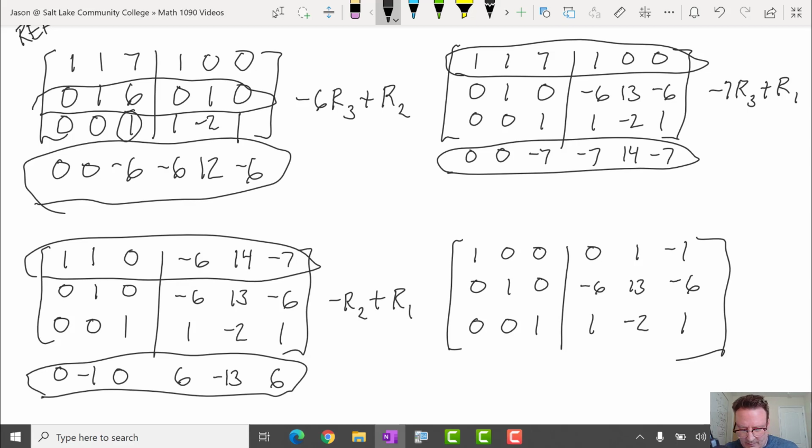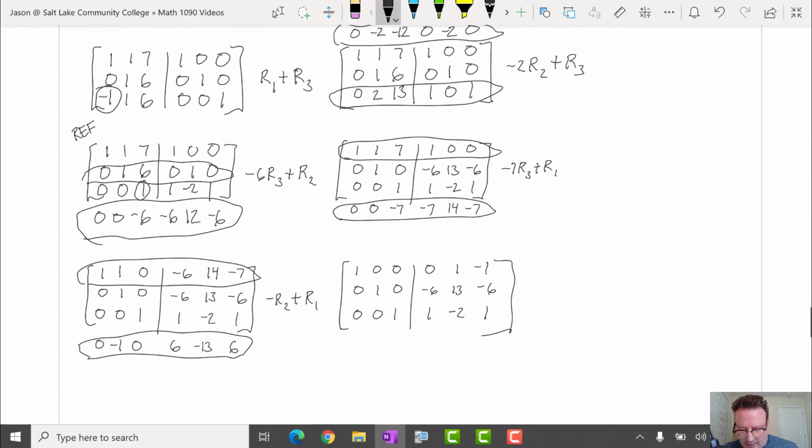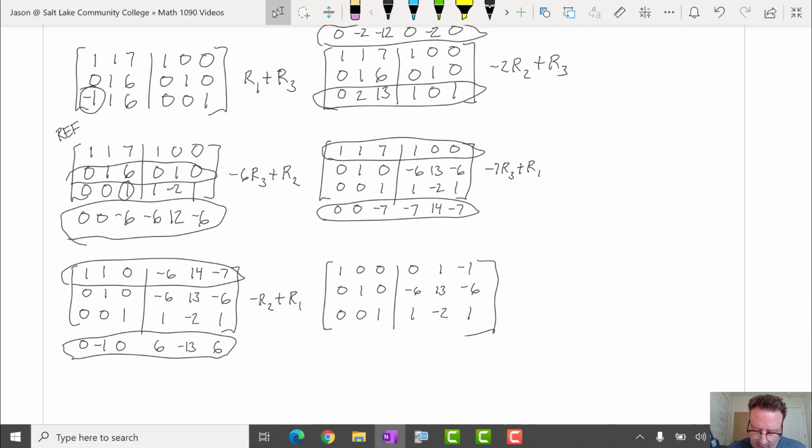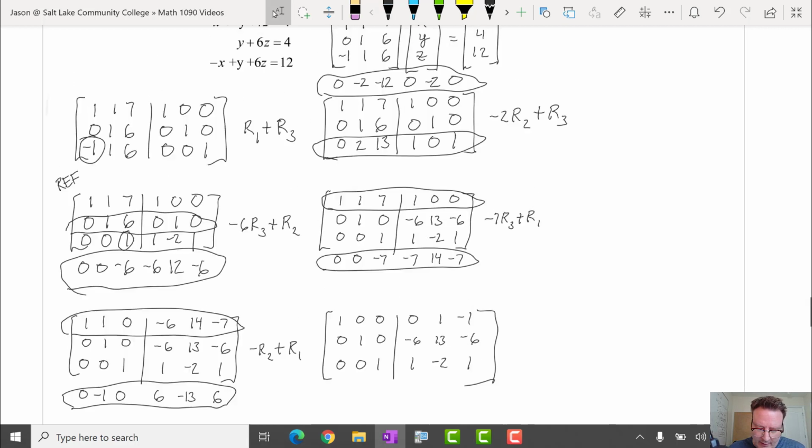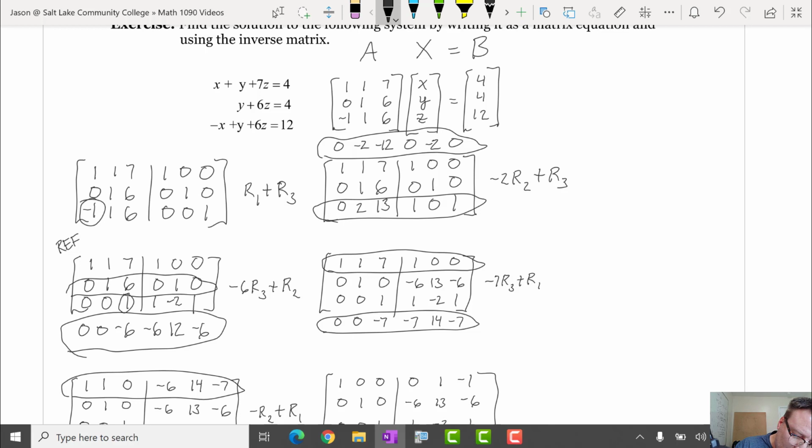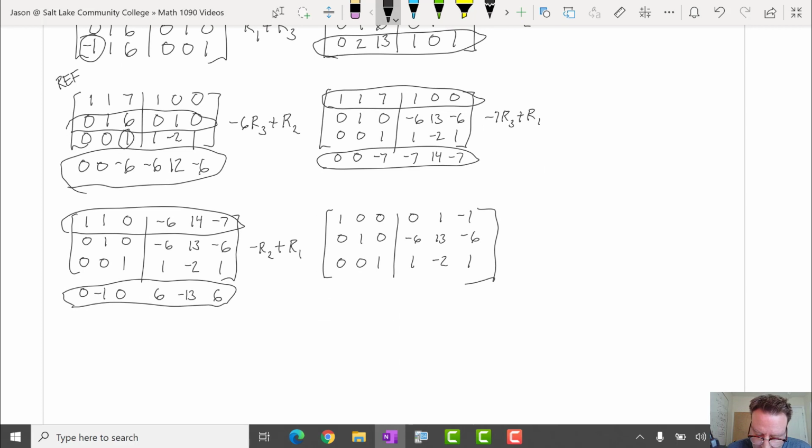Okay. I'm going to zoom back out a little bit. All right. So now what have we done? We've transformed our matrix, our coefficient matrix A, that had been augmented with the identity matrix via a finite sequence of elementary row operations into an augmented matrix of this form, where we have I on the left and this will be A inverse on the right.